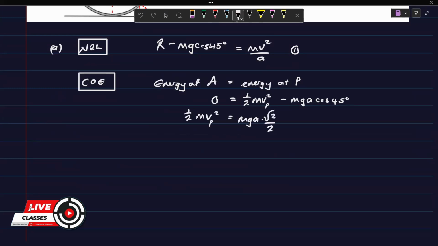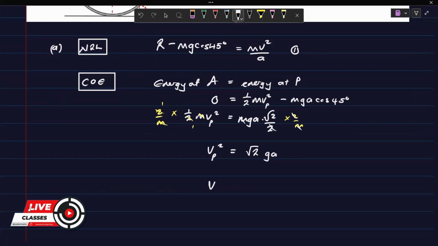Multiply both sides by 2 over m, and these will cancel, and we are left with v squared equal to root 2 ga.